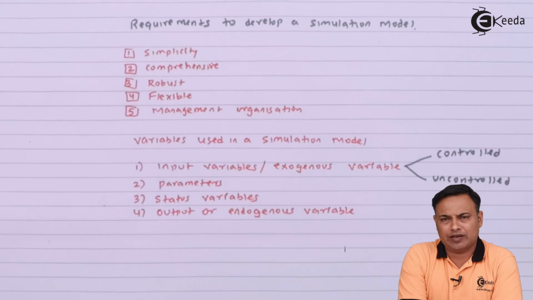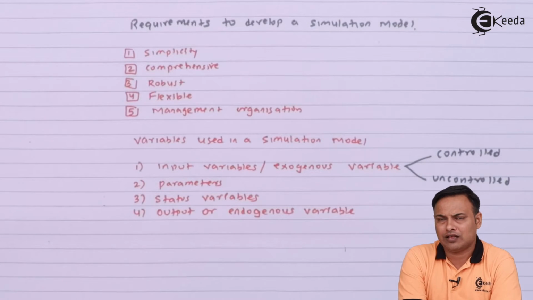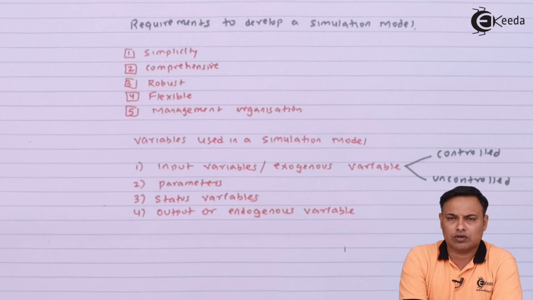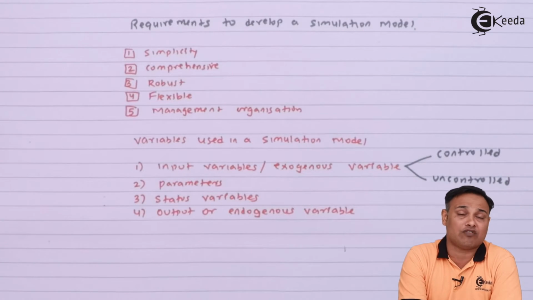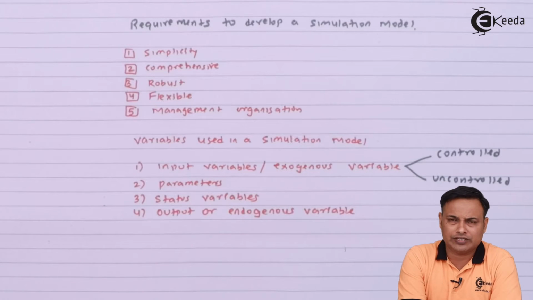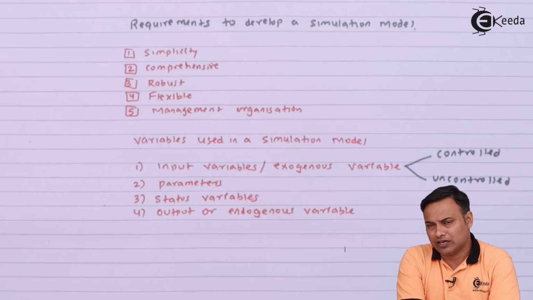Controlled variables are variables whose behavior can be predicted with certainty or which are more or less fixed, whereas uncontrolled variables are beyond our control and can behave randomly in whatever manner they want. That is the basic difference between controlled and uncontrolled input variables.